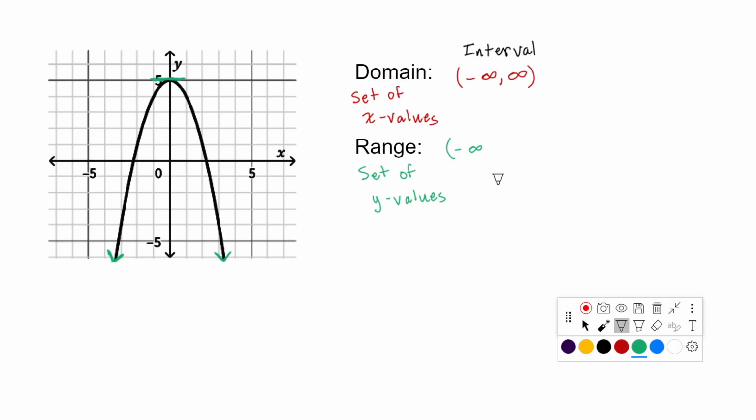That's because there is no one number that is infinity. The real number system continues infinitely in the positive and negative directions. So we use a parenthesis because there's no place that it's going to stop. The maximum, however, does stop at a y value of 5, and it includes the y value of 5. So I'm going to use a square bracket.